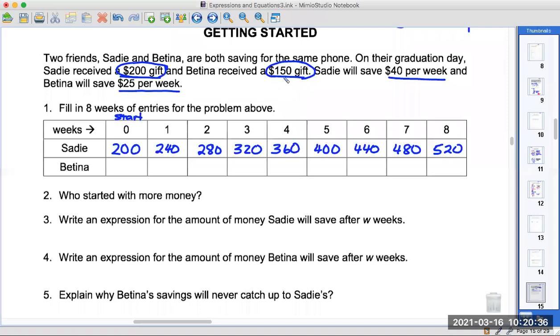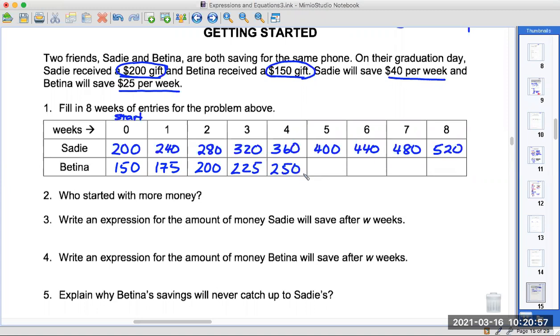Bettina started out at week 0, that's your starting point, with $150, and she saved $25 per week. So now I'm adding 25 each time. Try that yourself without watching me and copying me.